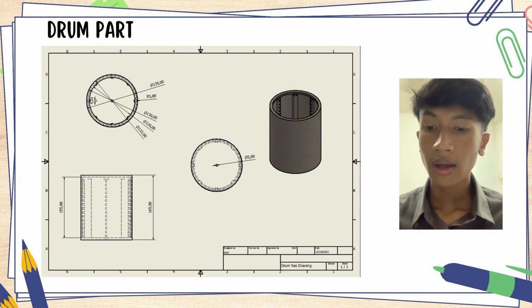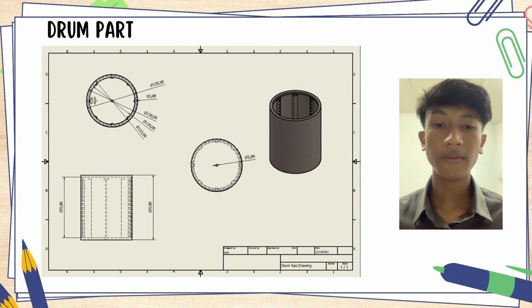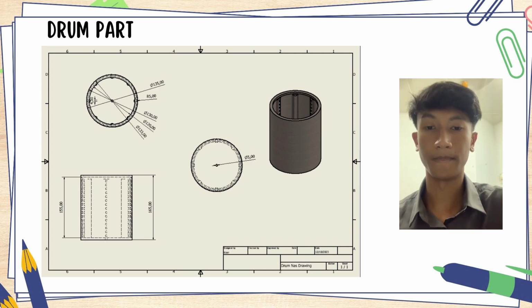The height of the outside of the drum is 165 mm and the inner is 155 mm. We can see the small circle in the inner drum is 5 mm diameter to hold the motor.